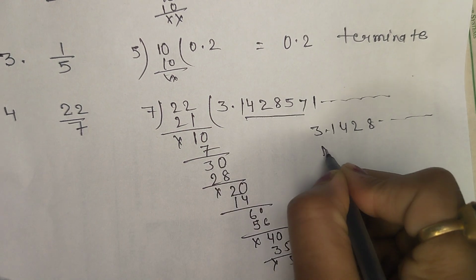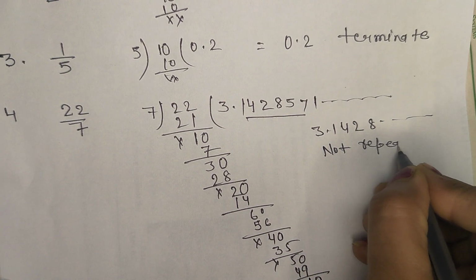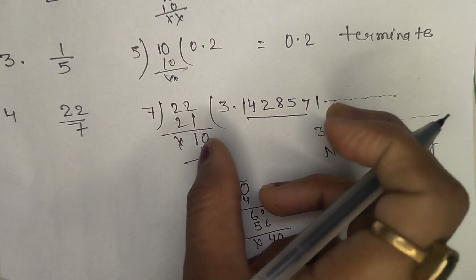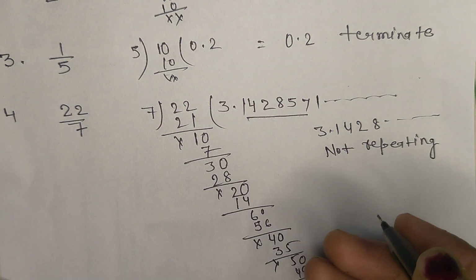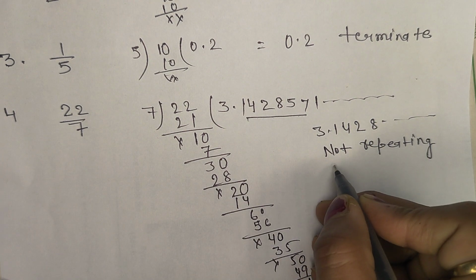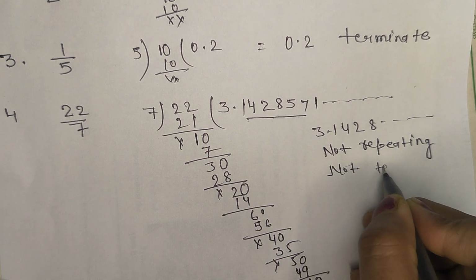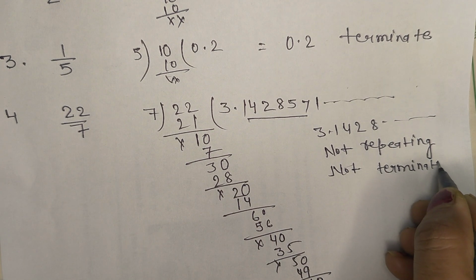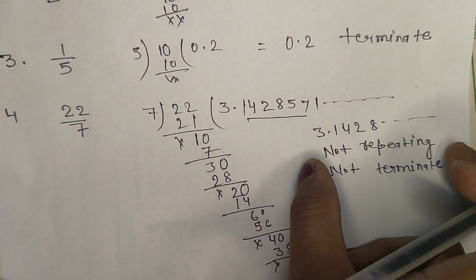So we say not repeating and not terminating, meaning it does not divide completely after the decimal or before the decimal. It is not completely divided, so it does not terminate and does not repeat.